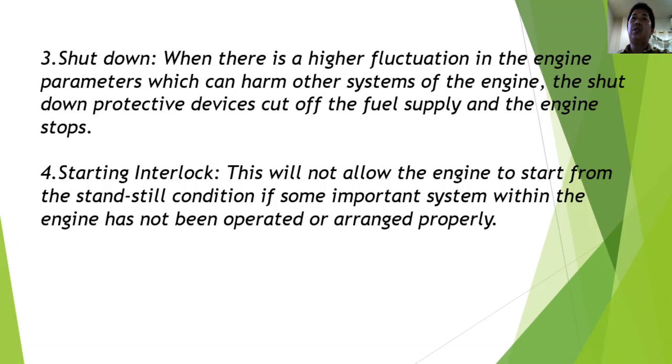For example, the lube oil pump motor suddenly stops. The protective device cuts off the fuel, and the engine will also stop to avoid damage to the engine. So that is shutdown.